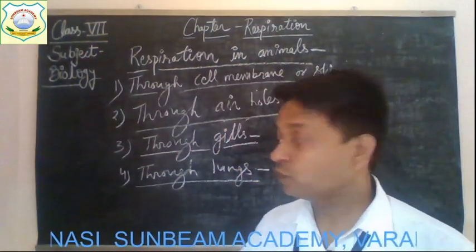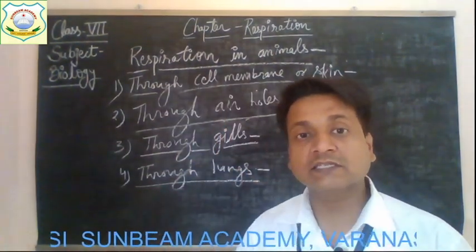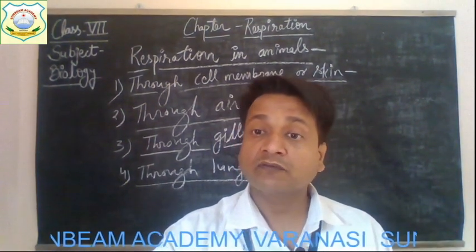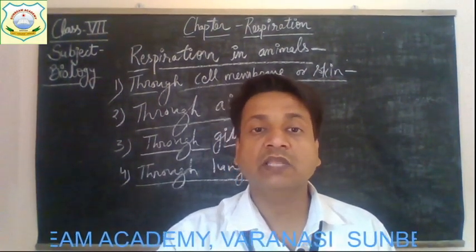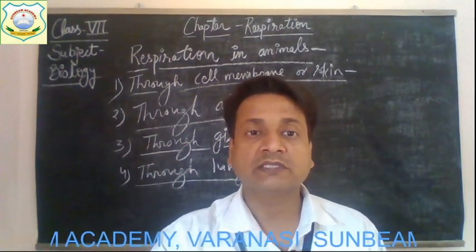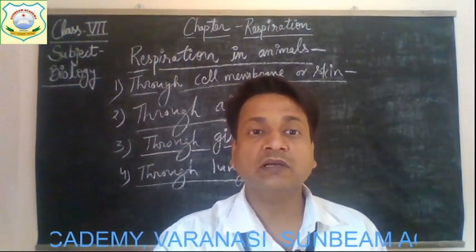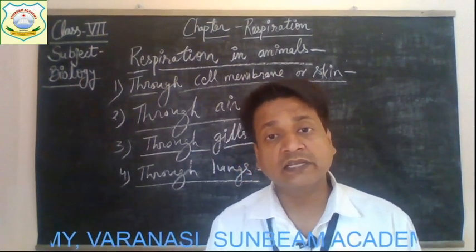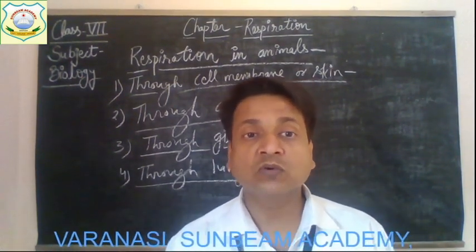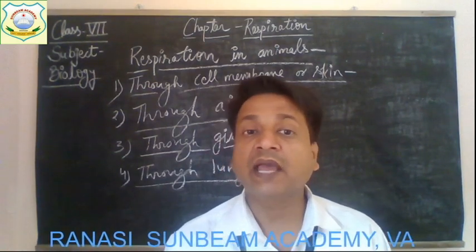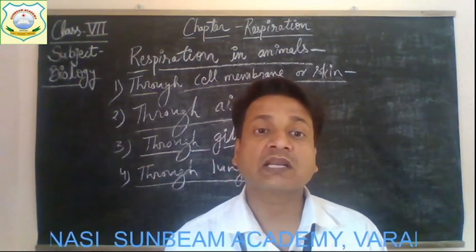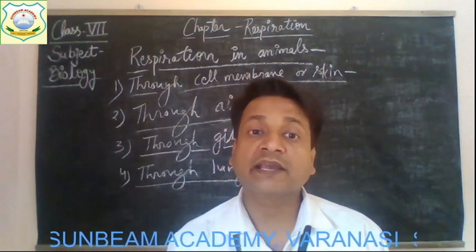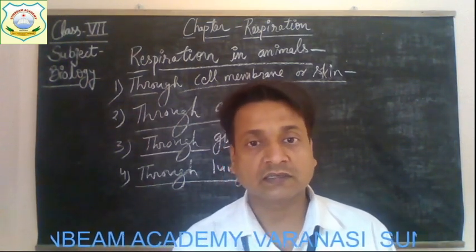So, children, the fourth way of exchange of gases is through lungs. As the lungs are not found in all animals, they are found in some animals. Like we human beings have the lungs. Okay, so a tadpole has gills, but as it grows into a frog, it develops air bags, which are called lungs, and these lungs are used for exchange of gases.